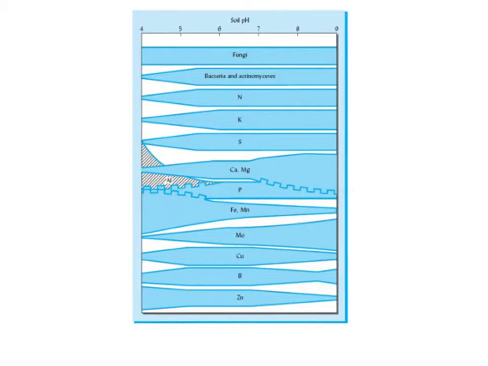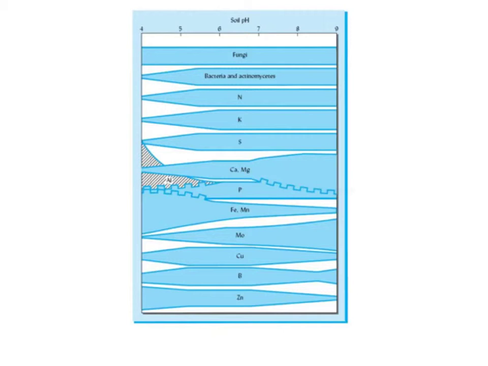And what you're seeing here, these little gear-looking things, are the fact that when phosphorus is found at high pHs, it's typically found as joined with calcium and magnesium. And in those situations, it's typically a little bit harder to get at the phosphorus for plants.